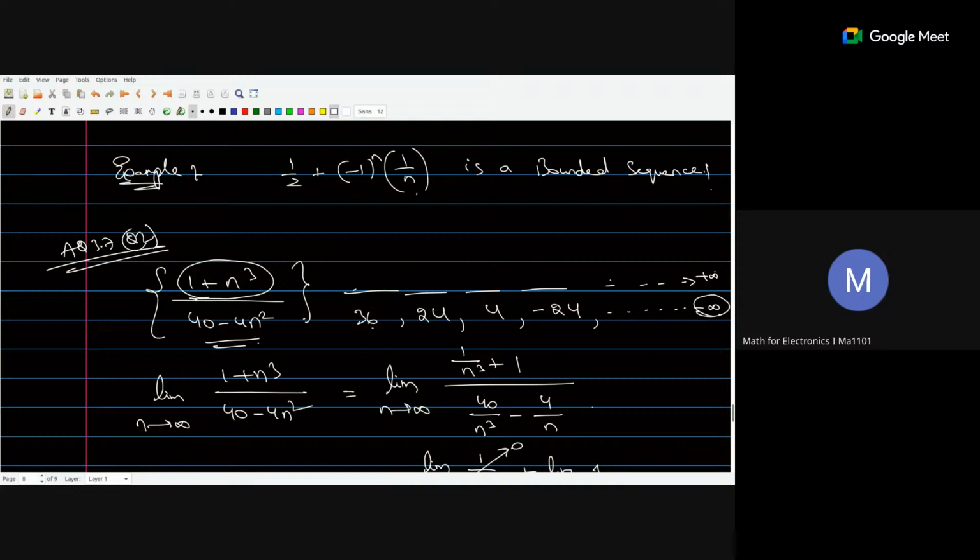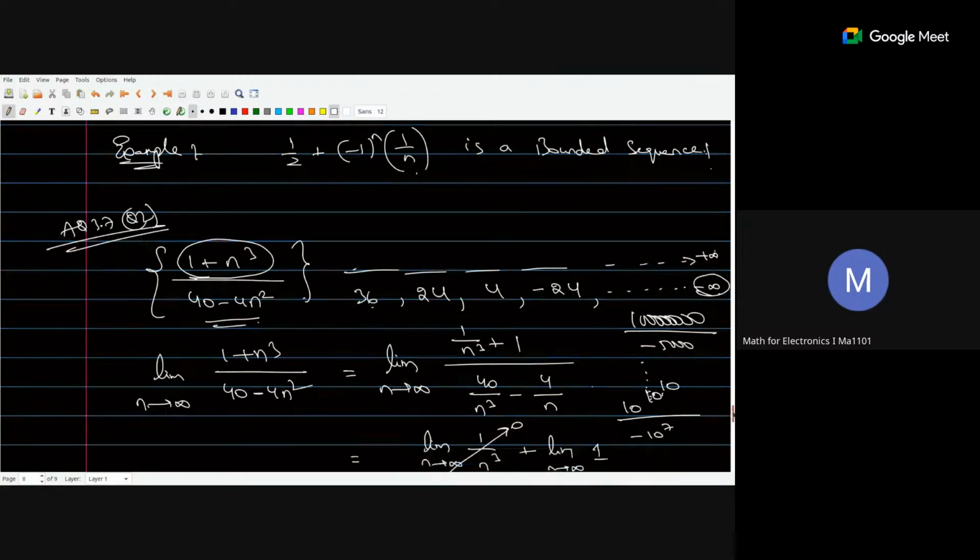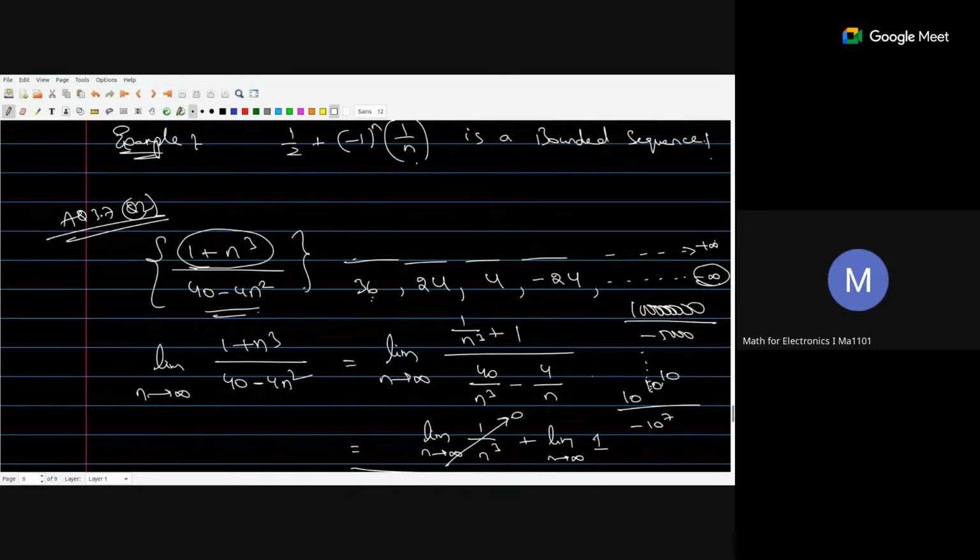After a few terms, the sequence might look like 1 lakh in the numerator and the denominator somewhere around minus 5,000. After a few other terms, it will be like 10 power 10, and the denominator may go to somewhat minus 10 power 7 or something. So the rate at which the denominator is decreasing is of order 2, but the rate at which the numerator is increasing is of order 3.